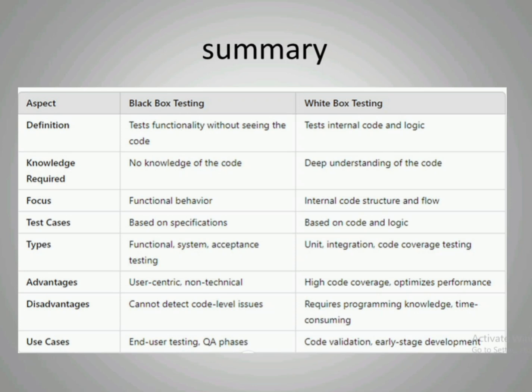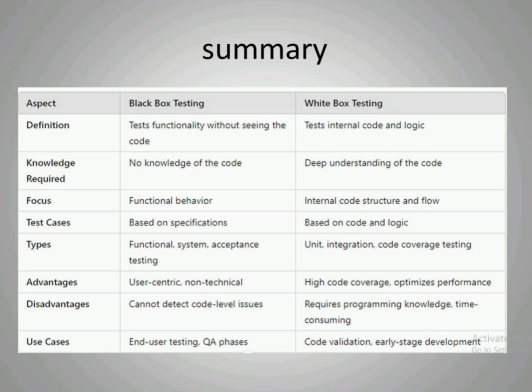Summary. Definition. Black box testing tests functionality without seeing the code. White box testing tests internal code and logic. Knowledge required. Black box testing, no knowledge of the code. White box testing, deep understanding of the code.